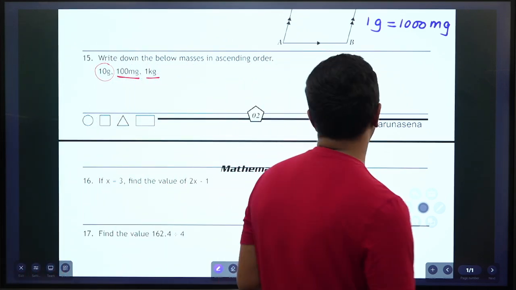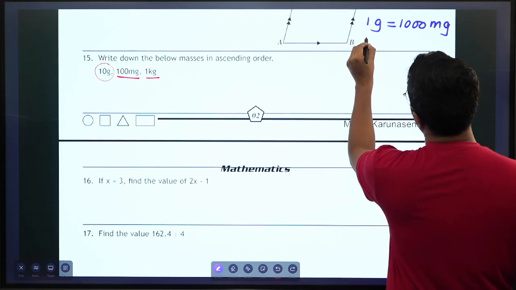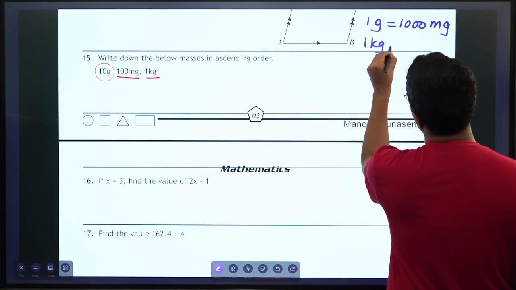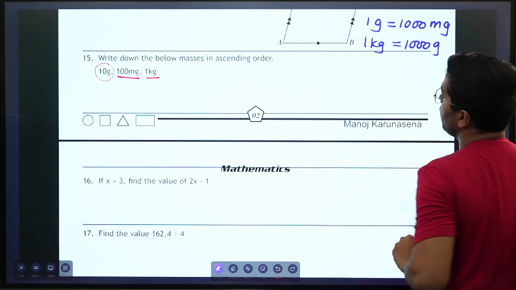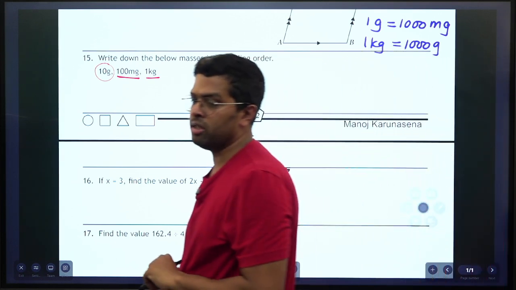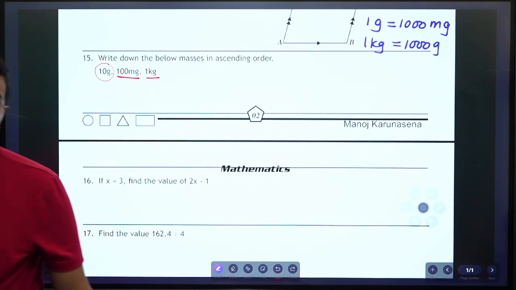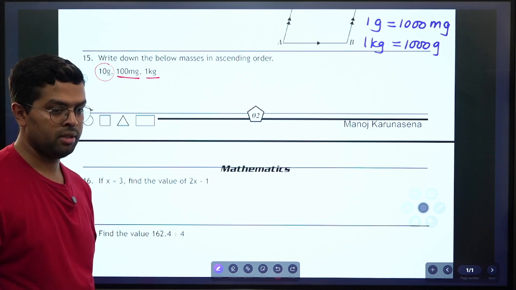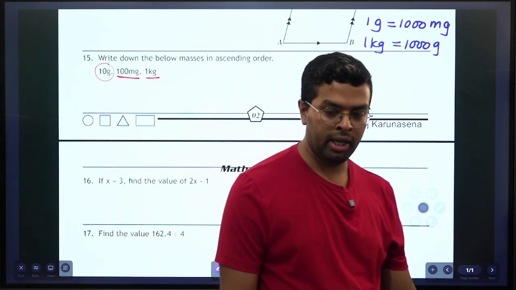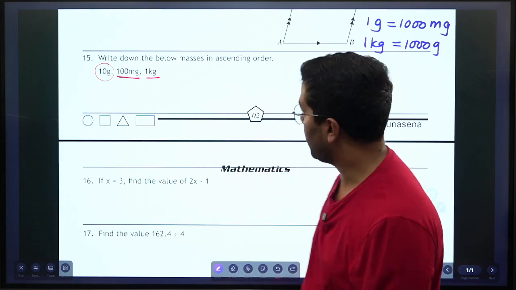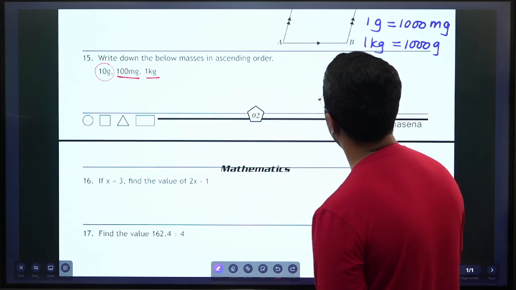Then 1 kilogram is 1000 grams. Alright, kids.